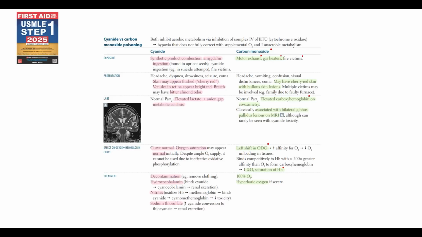So, as cyanide, carbon monoxide can also inhibit aerobic metabolism. But in case of carbon monoxide, it's a minor effect, because the major target are red blood cells.